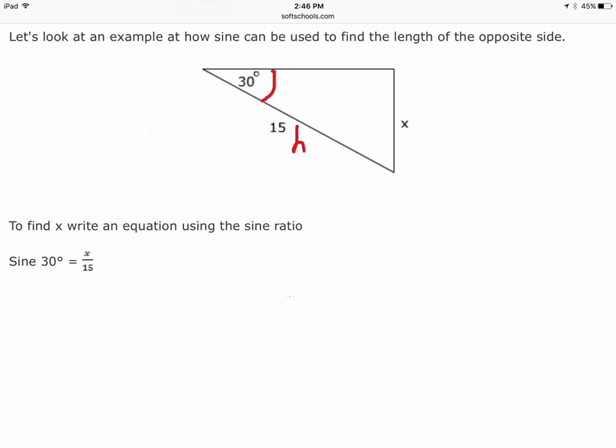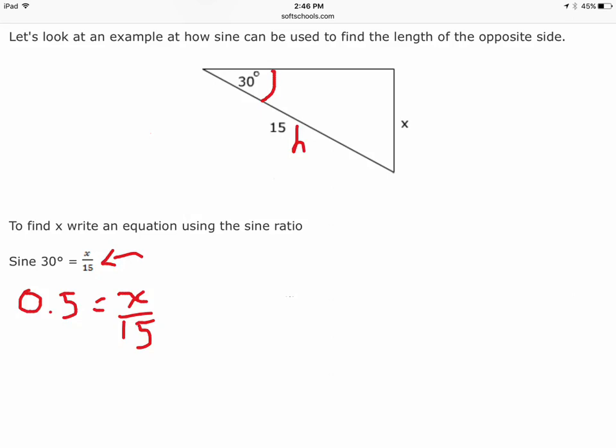Check with me personally if you have questions about that. If you find the sine of 30 on your calculator, you will determine that it is 0.5. And we're not going to change this side of the equation, so we'll just write equals x over 15.